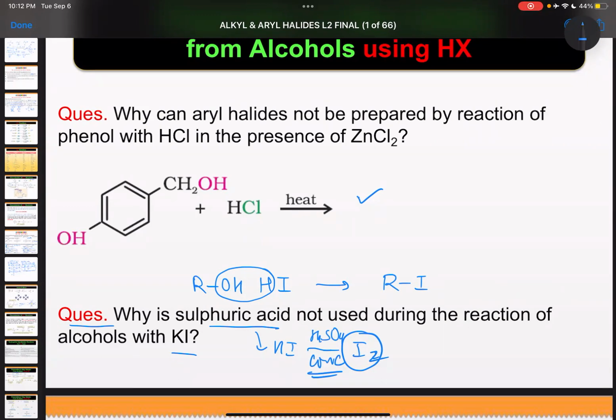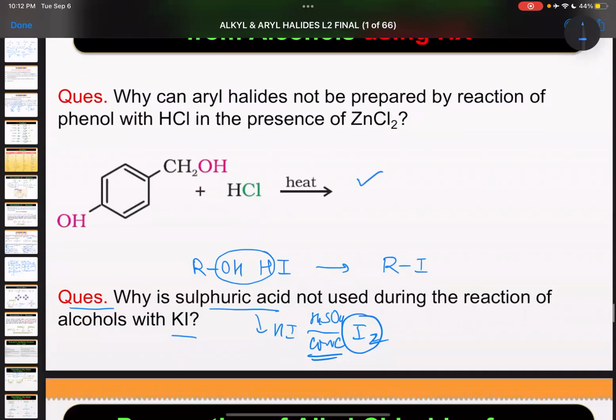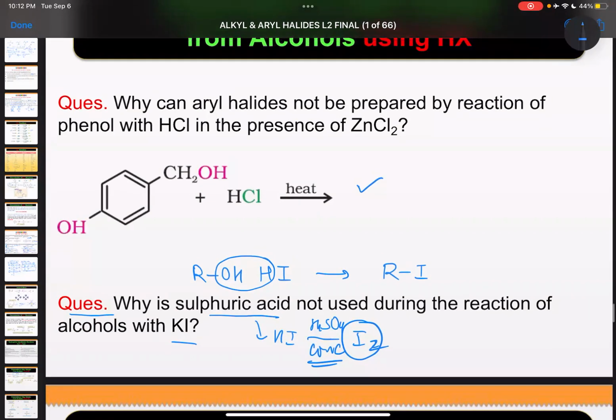So will the reaction happen with I2 or do you need HI? HI, sir. So now the question is, suppose you can't use H2SO4, which acid will you use to get HI? HNO3? That is also an oxidizing agent, very strongly oxidizing.